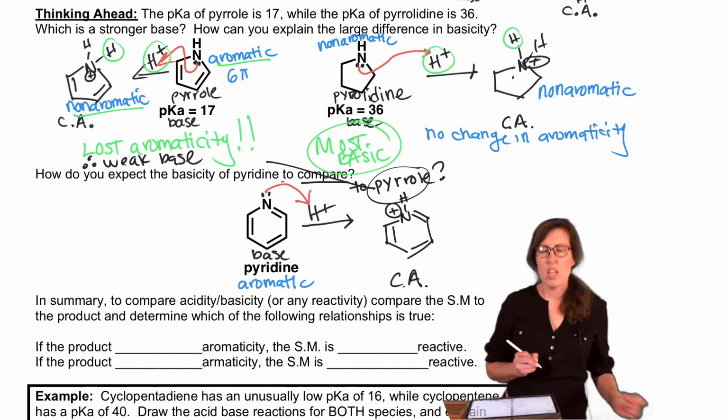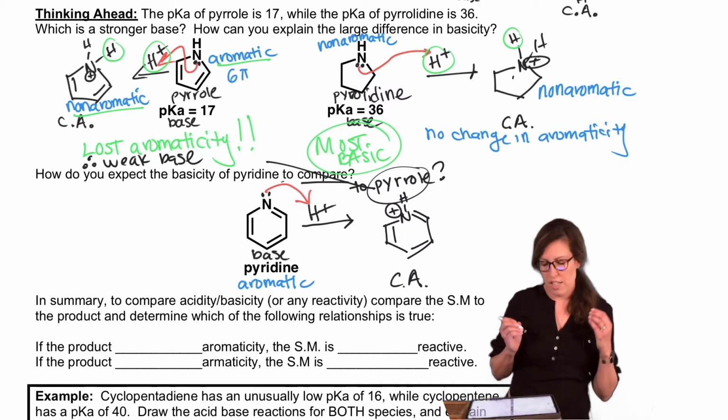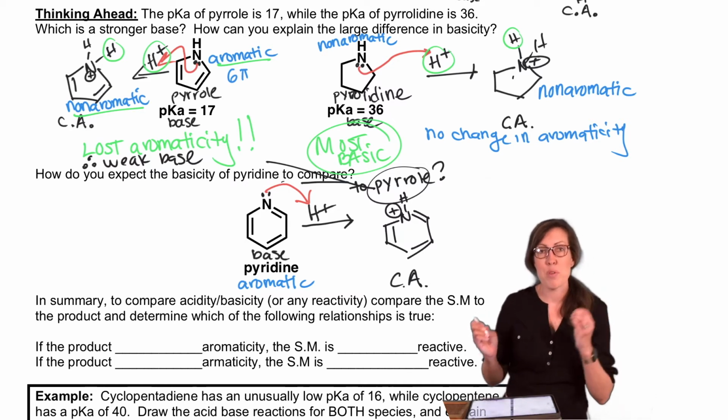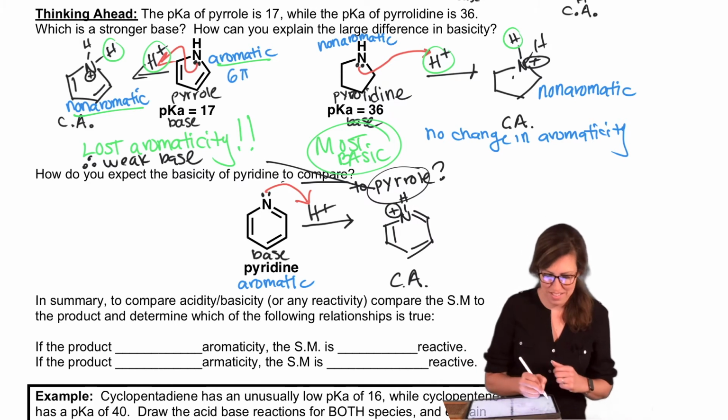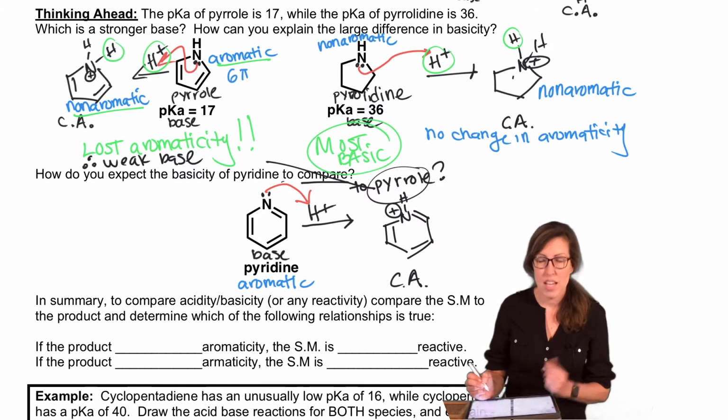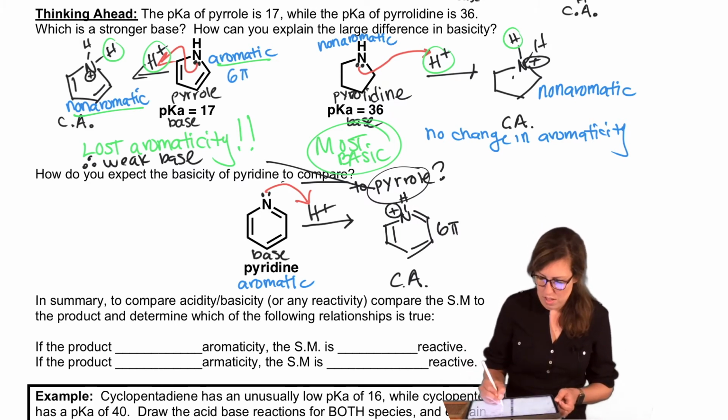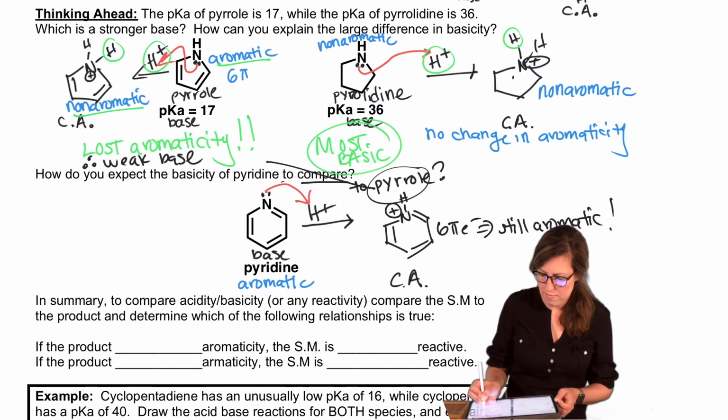Okay. Ask yourself, I started aromatic. Is my product, my conjugate acid, aromatic? Yeah, 6 pi electrons. Right?